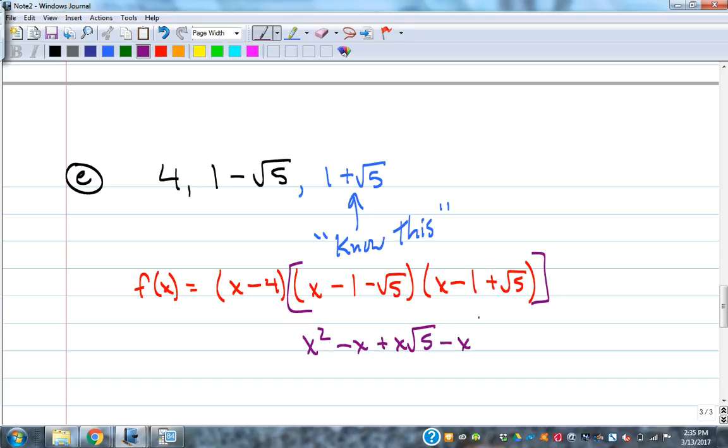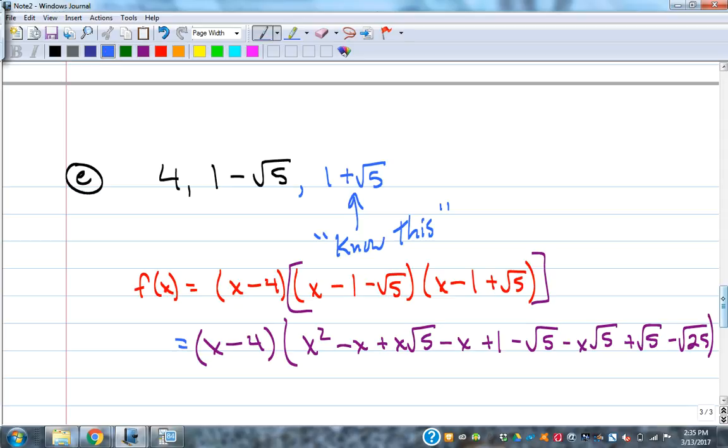Minus x plus 1 minus radical 5. And then negative radical 5 times all 3 of those. Minus x radical 5 plus radical 5 minus radical 25. Again, x minus 4 is just waiting for the show to be over with.